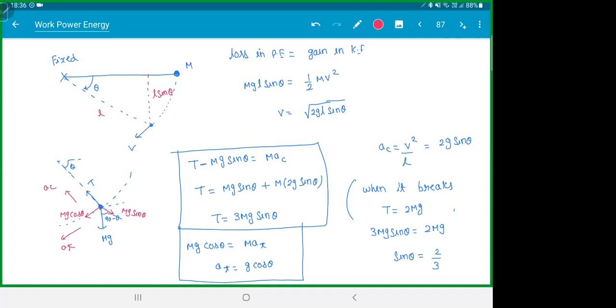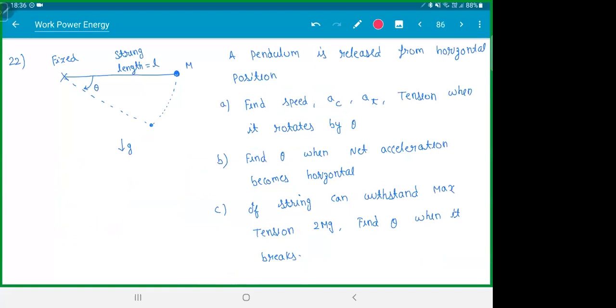Any answers for the second part? Try. Find theta when the net acceleration becomes horizontal. I could have asked you this question also: find theta when the acceleration is vertical. I can add that question also.